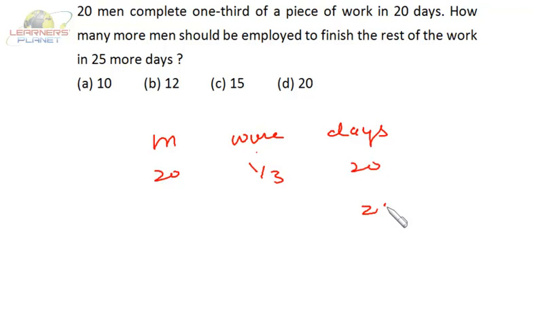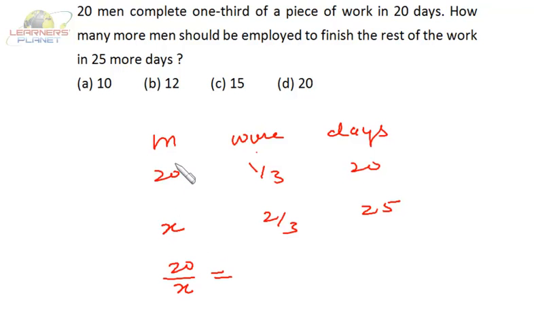Now we are left with 25 days, and the remaining work is 2/3, and we have to employ more men. Now suppose total number of persons is X in this case. Now the unknown quantity is men, so we'll keep 20 by X there in the left side.